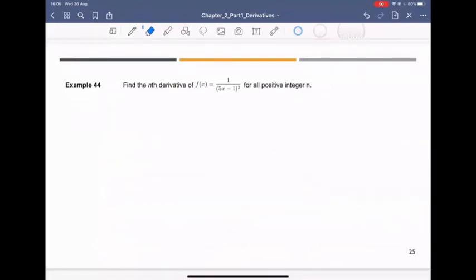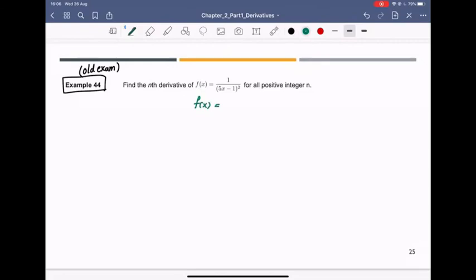All right, I think this could be the last one for today, and then we're going to talk about the plan for next week. So example 44. Also in all exams, you can see that we ask you to do this all the time. So f(x) equals 1 over (5x minus 1) squared. Again, I will do the same thing as the previous question.